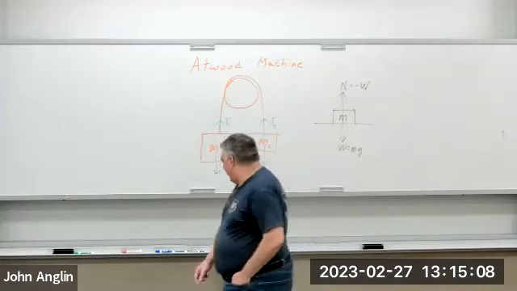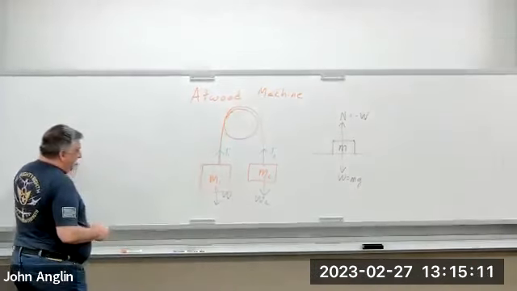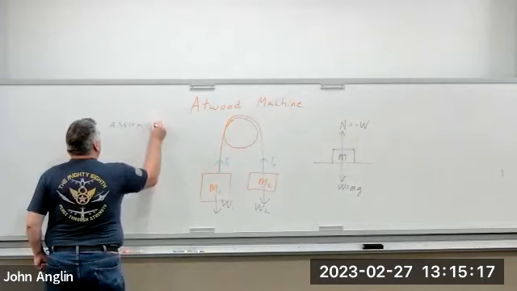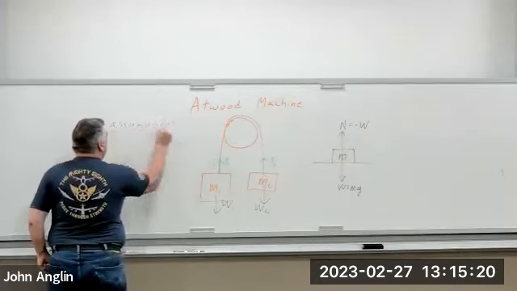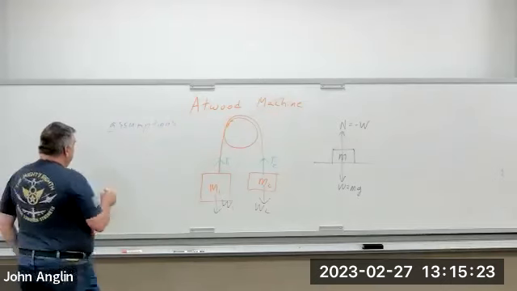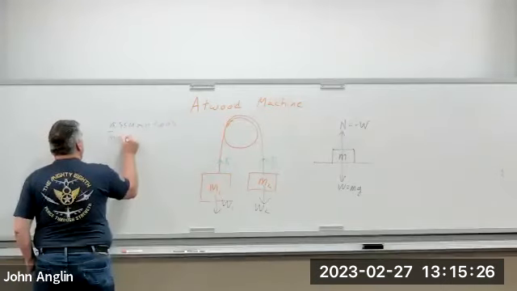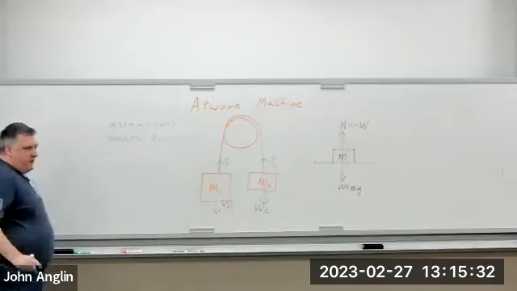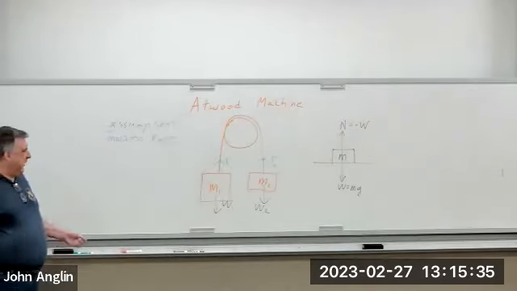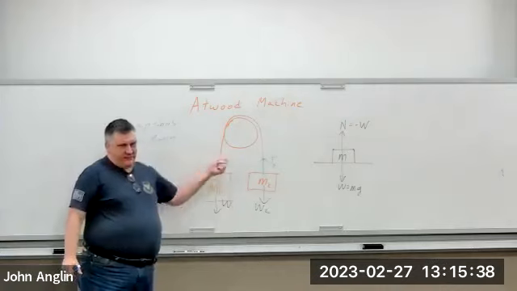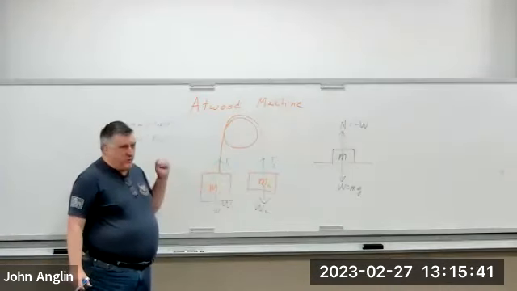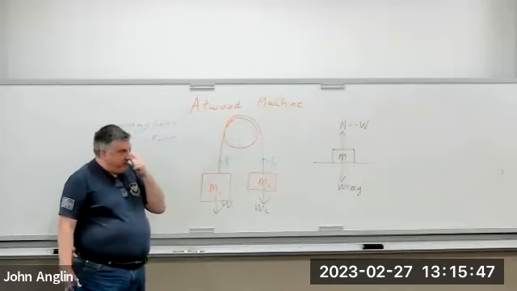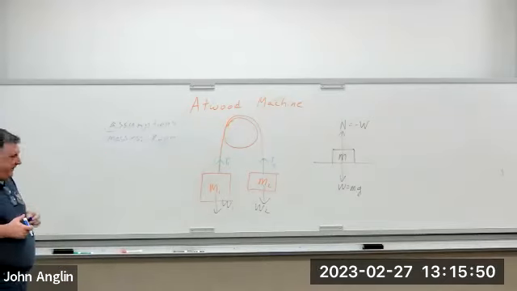A couple of assumptions that we have to make here to do these problems, at least for now. The first thing we're going to assume is that the rope has no mass. Okay, so we're not going to have to account for how heavy this rope or this chain is. If you did, it gets a little tricky because now you have more on one side than the other sometimes, and you have to account for that in a general manner.